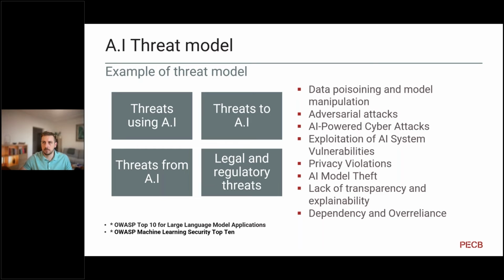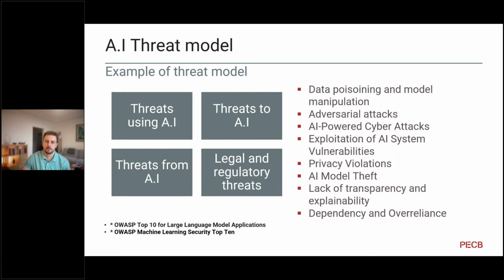On the right side of the slide, you have data poisoning and model manipulation. This kind of threat will appear when attackers intentionally manipulate the training data of the AI model itself to cause incorrect outputs and decisions.